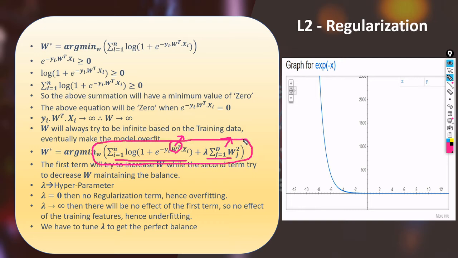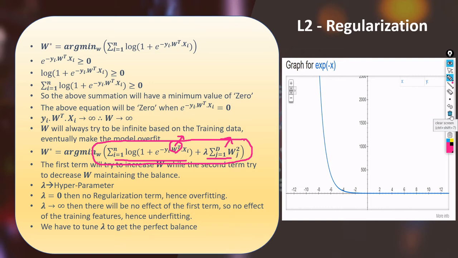We have to find the minimum of this whole function. So if this W from the loss term is approaching infinity to get the minimum value, this W is the same, so it will also increase towards infinity, and eventually the minimum value will be disrupted.